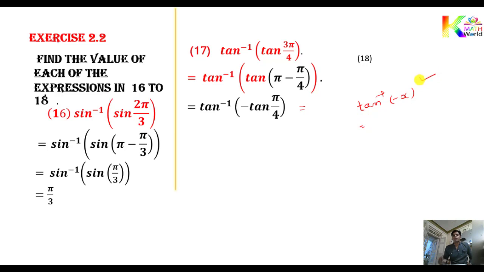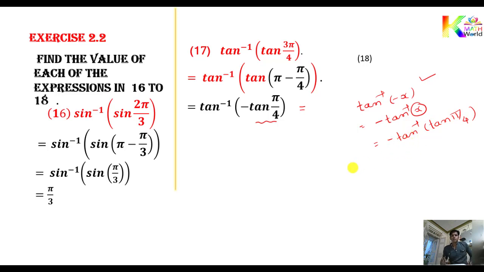For a negative value, you can take the negative sign directly outside using your formula. So you get minus tan inverse x. And what is your x? That is tan pi by 4. So you get minus tan inverse of tan pi by 4.